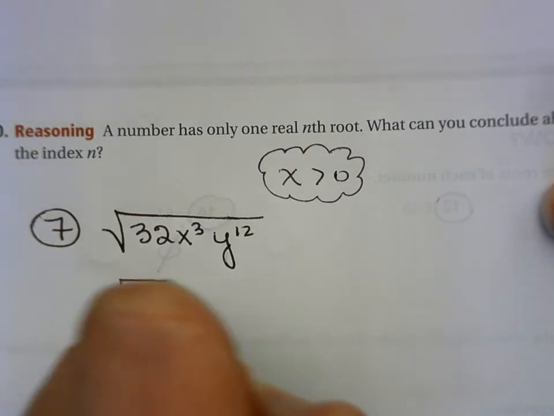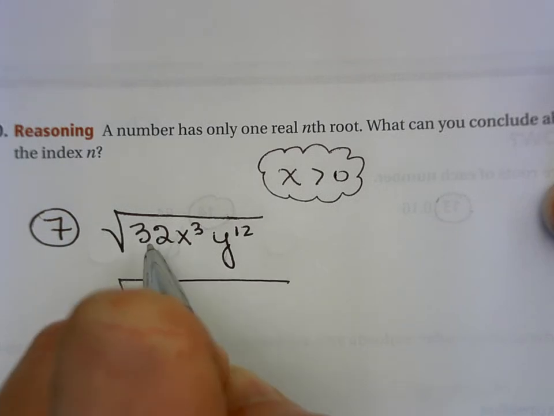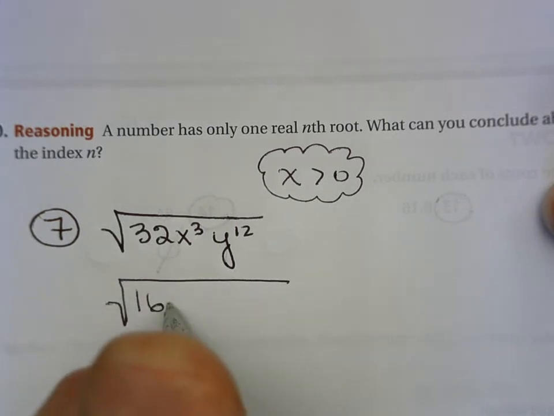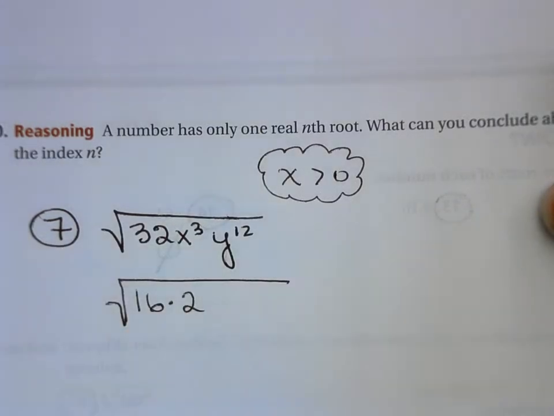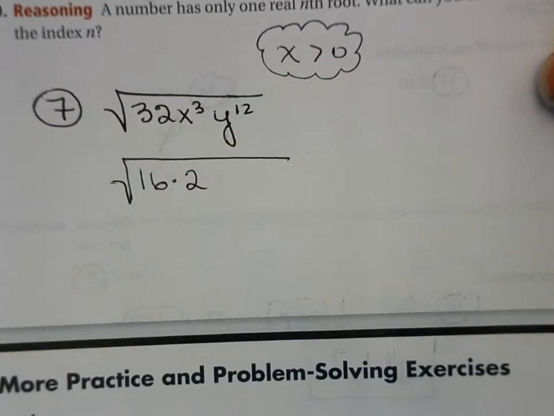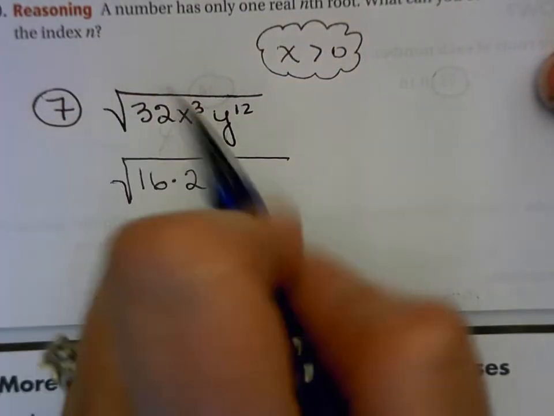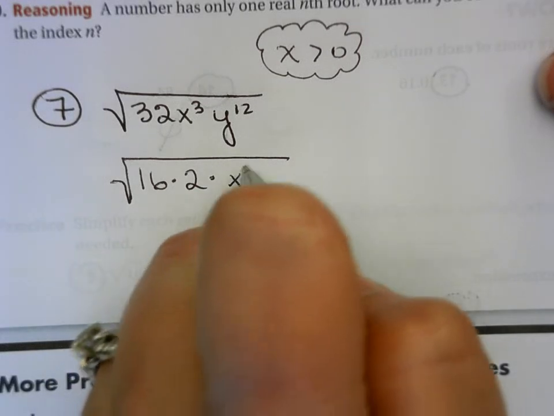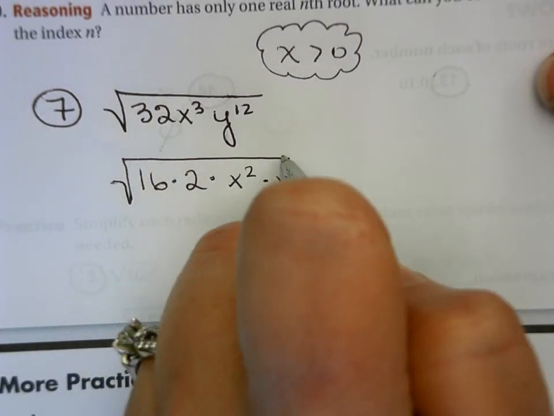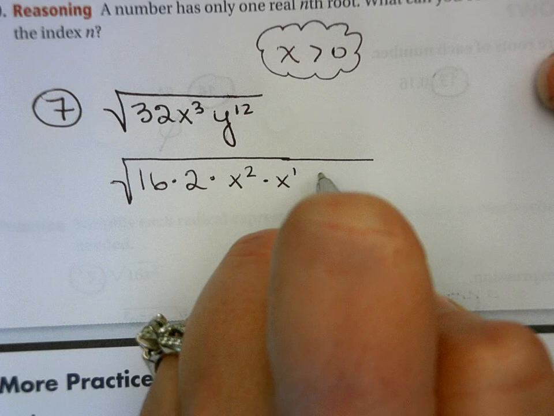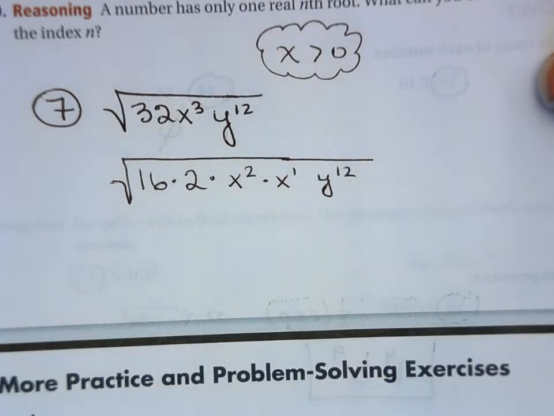I know 32 does not have a perfect square, but I do know that 16 multiplies into 32, which is a perfect square. I have an odd power, so I want to break it up. I want to take 1 off to make it even. And then 12 is even, so I don't need to do anything with it.